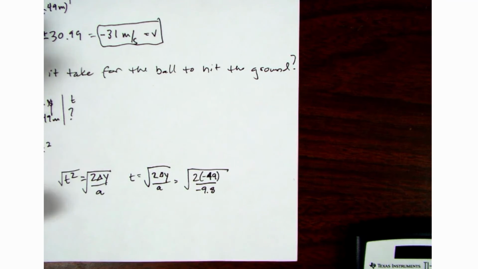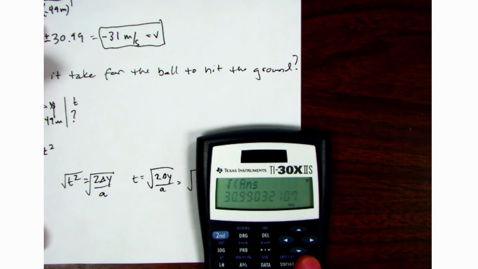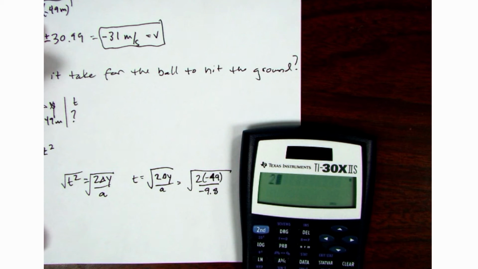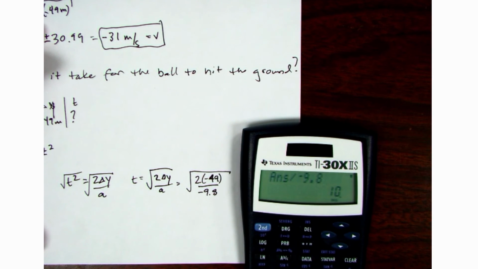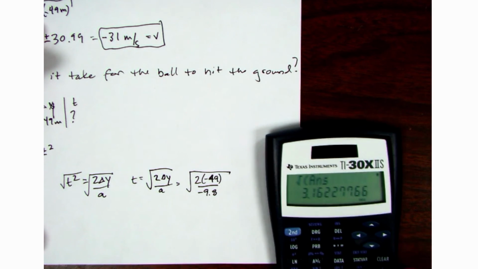So let's get the calculator out, and I go 2 times negative 49 equals negative 98 divided by negative 9.8, and I get 10. And now I need to take the square root of that, second square root, second answer, and I get 3.16 seconds.